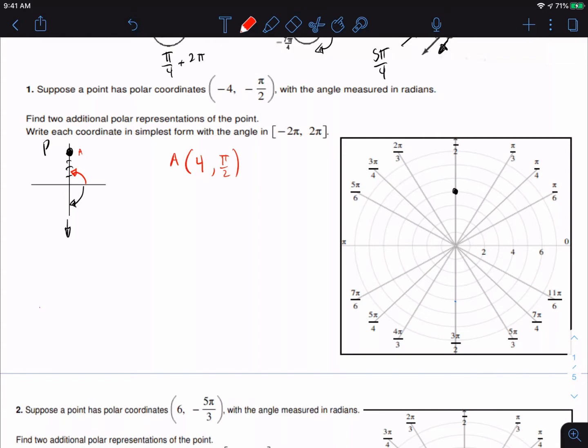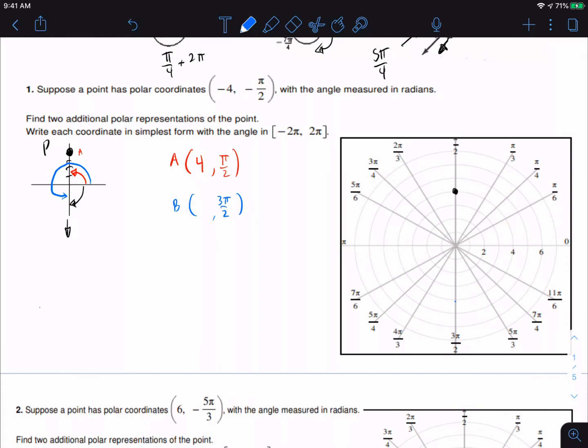Let me do it in another color. Another way to do it, we could do a rotation where we go around 3/4 of the circle. We'll call it point B. And now we're at 3 pi over 2.